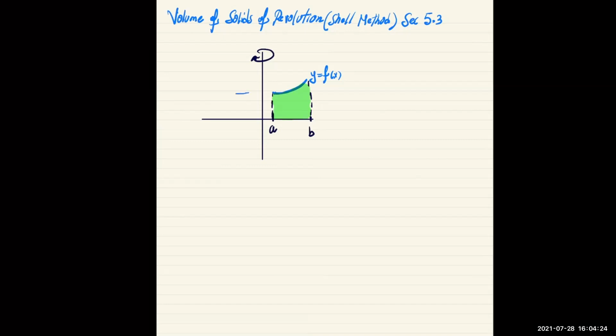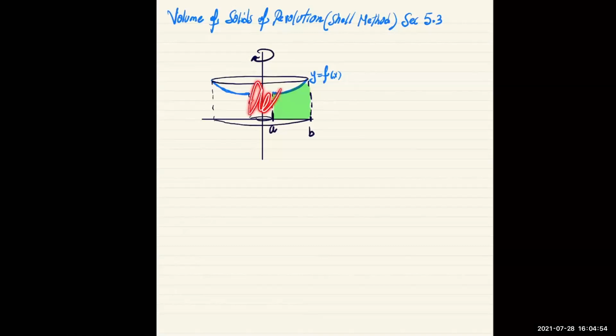Let me see if I can draw. This is after it being revolved. I'm just trying to give this a sense of 3D. So we have the solid, and there's a hole right there.